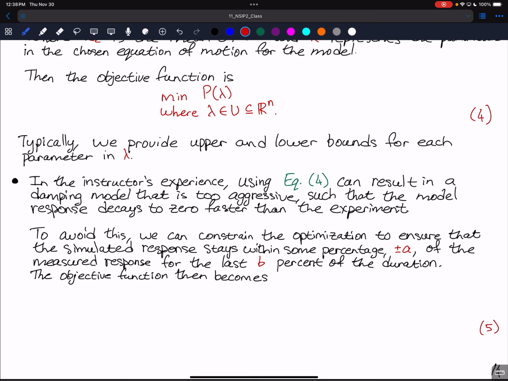Particularly, we can just say that it needs to stay within some percentage, plus or minus a, of the response amplitude for the last b% of that duration.